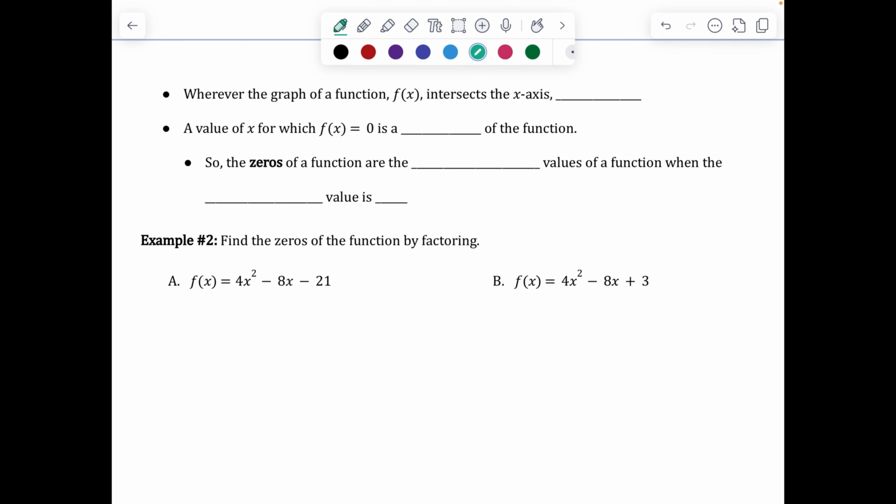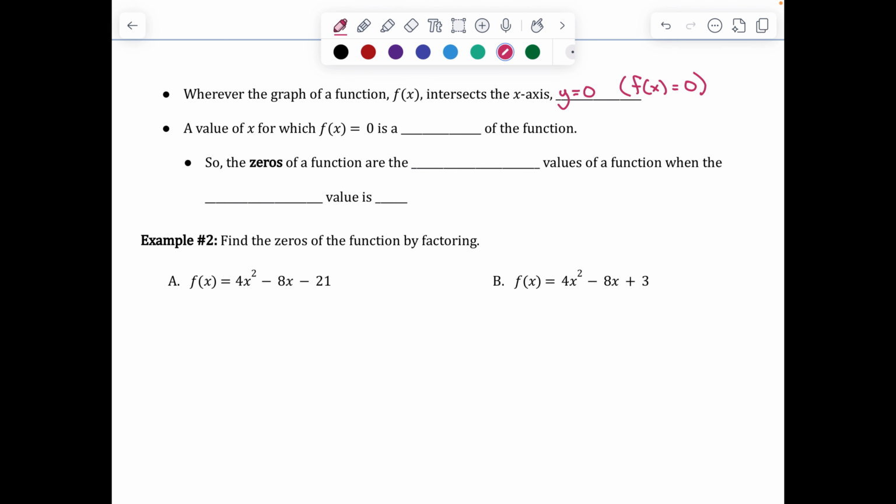So let's go ahead and talk about what this means for graphs. Wherever the graph of a function, f of x, intersects the x-axis, our y is always equal to 0. Or we can also think of it as our f of x is equal to 0. Same exact thing, just a different way to think of it.